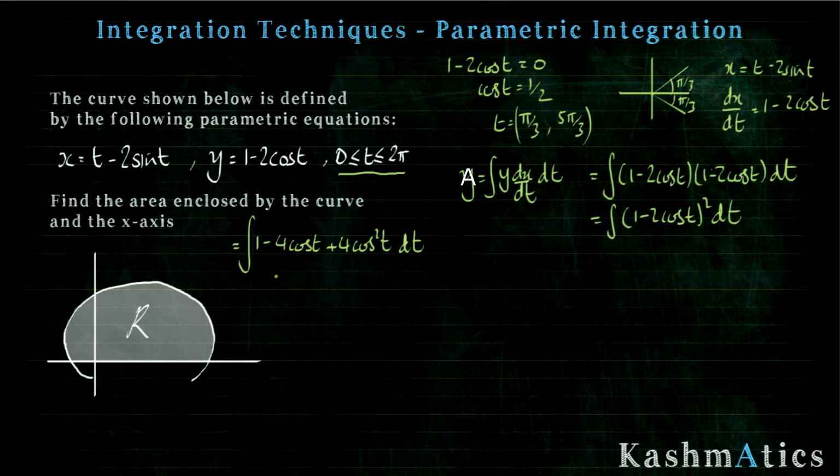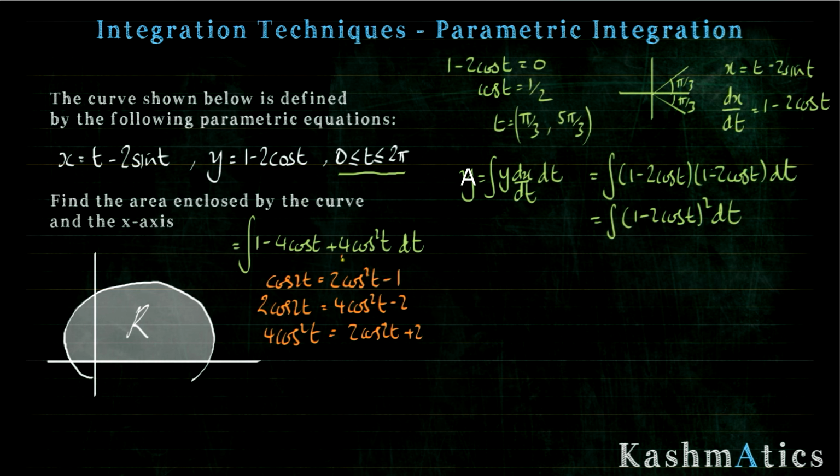So in this case, you've got cos 2t is equal to 2 cos squared t minus 1. Now because I want 4 cos squared t, let's just double everything. So I've got 2 cos 2t is equal to 4 cos squared t minus 2, which means 4 cos squared t is equal to 2 cos 2t plus 2.